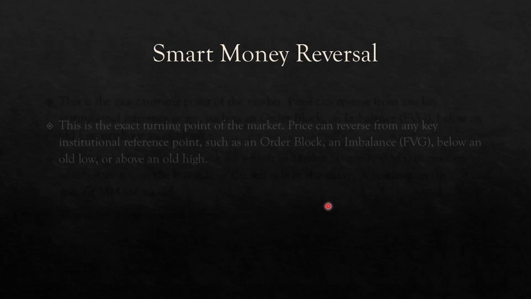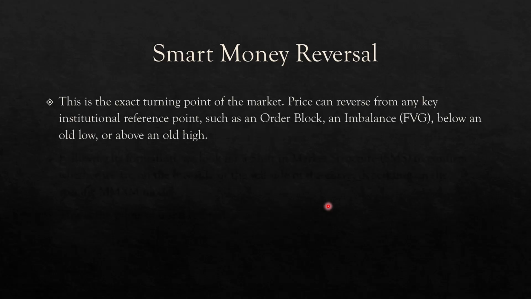The smart money reversal. Now, this is the exact turning point of the market. Price can reverse from any key institutional reference point, such as an order block, an imbalance or a value gap, below an old low or above an old high, or even at an optimal trade entry level. It depends on the context, so we work with whatever price is offered. But I actually like the reversals that originate from points of liquidity.